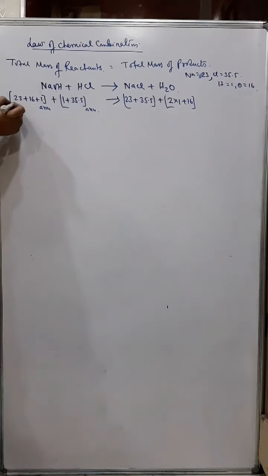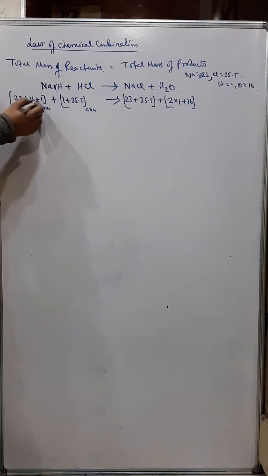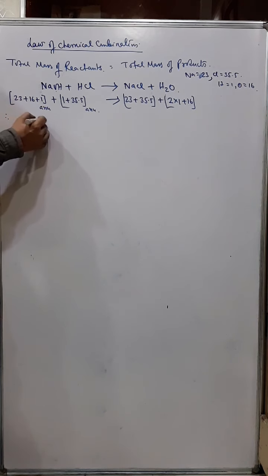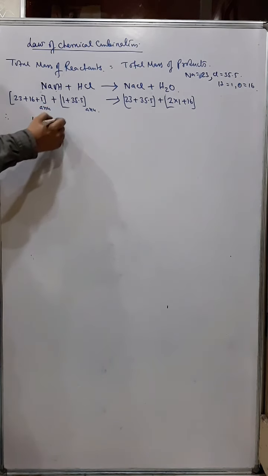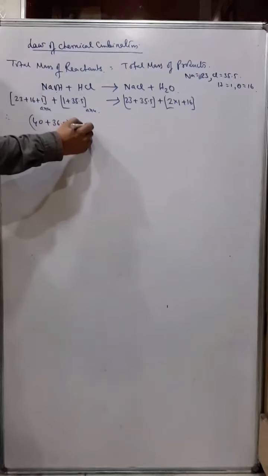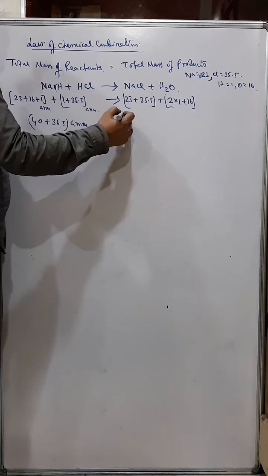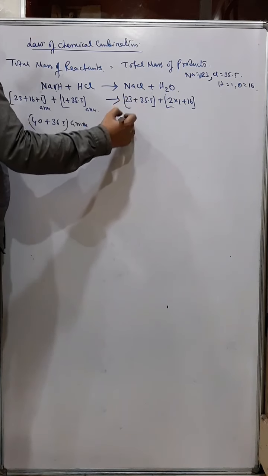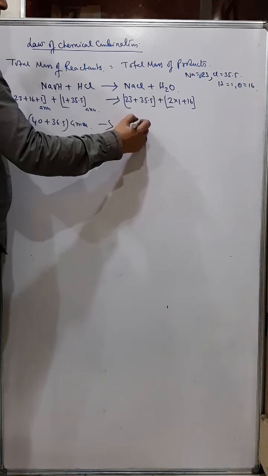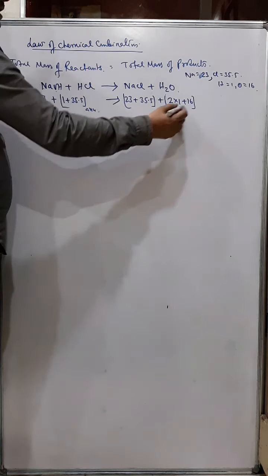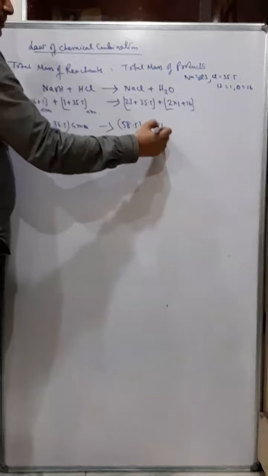So what we got here: 23 and 17, that is 23, 30, 40, plus 35.5, you have 76.5 AMU. And on the right, you have 35.5 plus 23, that is 58.5, and you have 18 AMU.